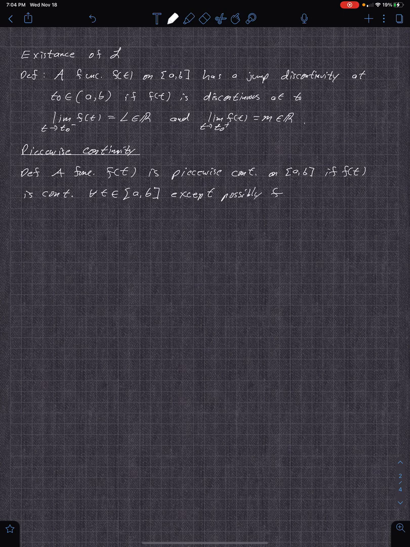Except possibly for a finite number of points, where f of t has a jump discontinuity.